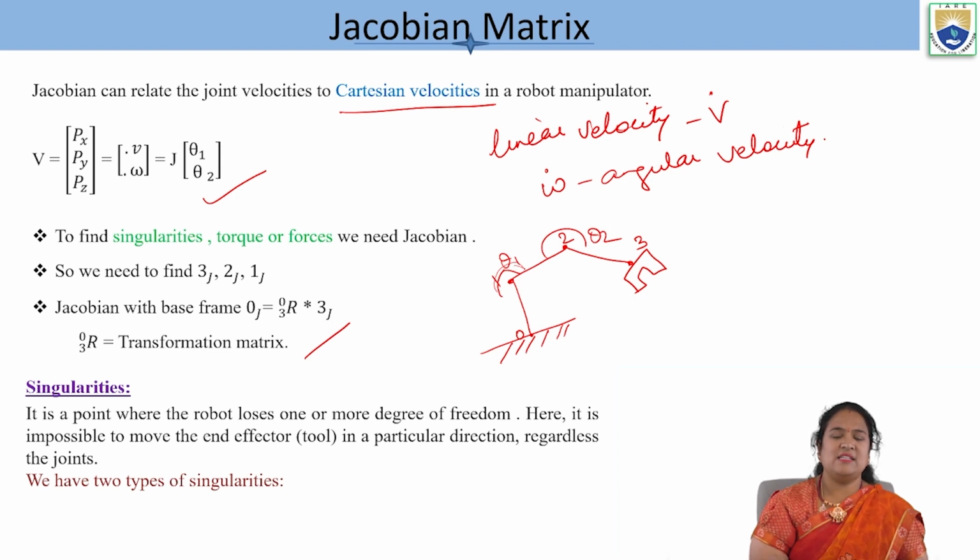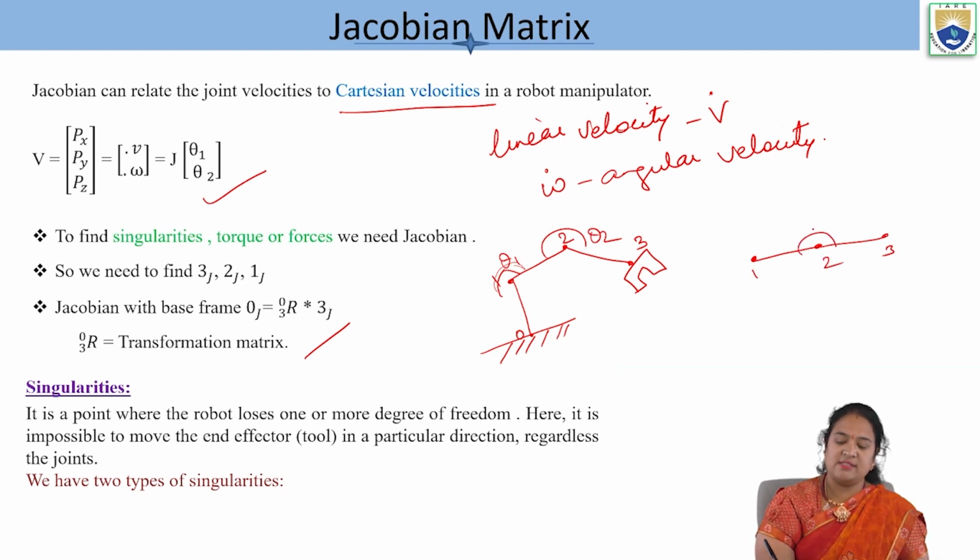Singularity is nothing but a point where the robot loses its degree of freedom. For example, we have joints 1, 2, 3 and an angle rotating at 180 degrees. Any robot which loses its degree of freedom at any particular point, that point is known as a singularity.